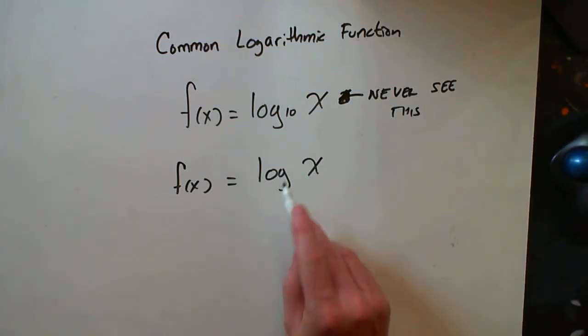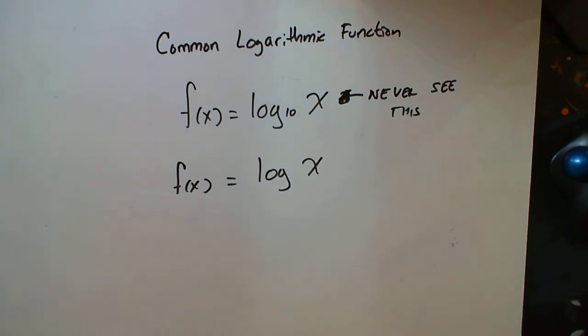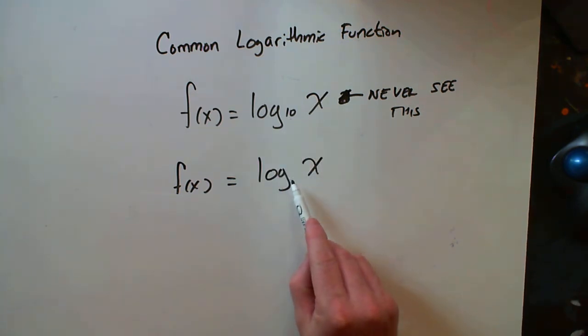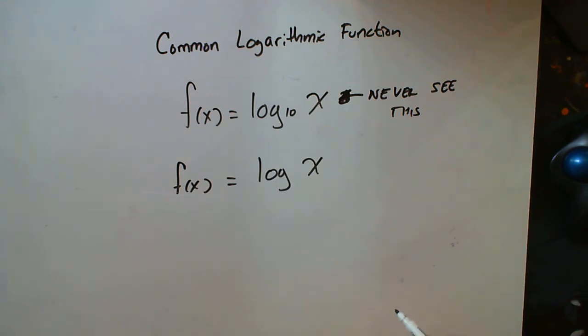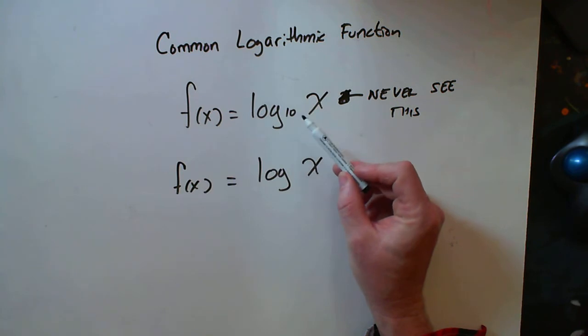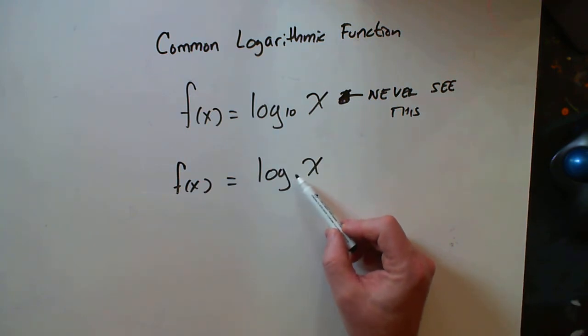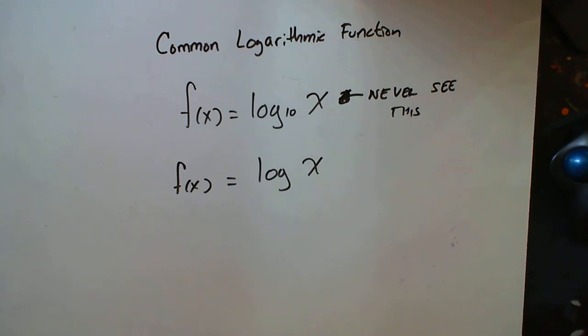If there is not a number listed as the base of the logarithm, then it is assumed that the base of that particular logarithm is 10. So you will never see a problem that has a base 10 in the logarithm. If there is no base listed, then the base of that logarithm is 10.